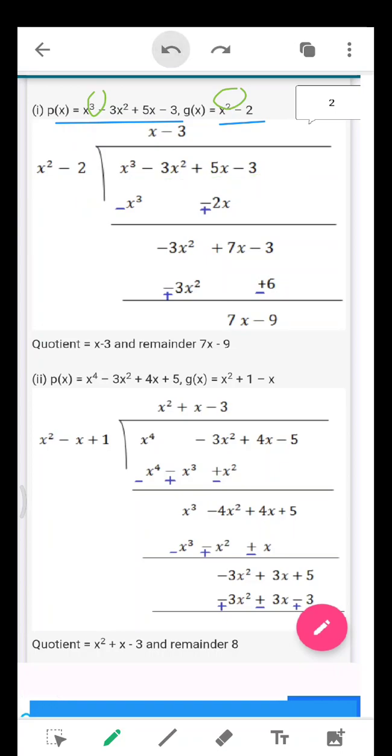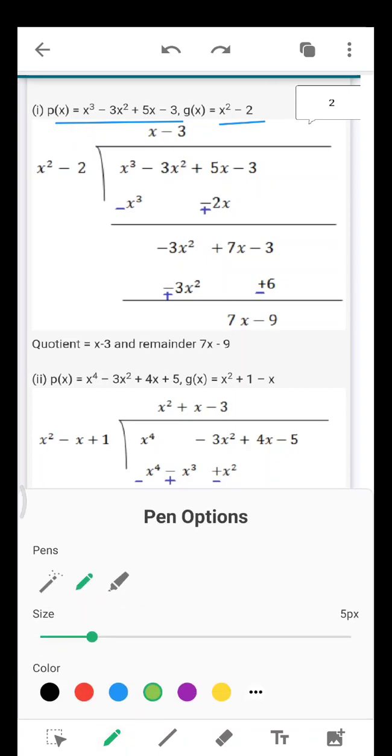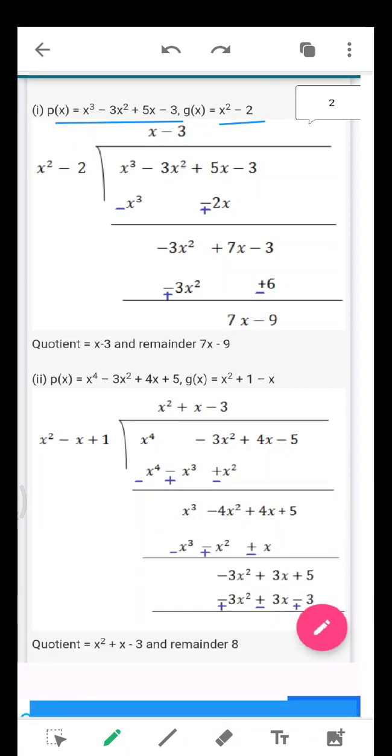Now, to begin with, we follow the same process, same steps which you have done in 9th class. So first we will divide the first term of the dividend with the first term of the divisor, that is x cube by x square.